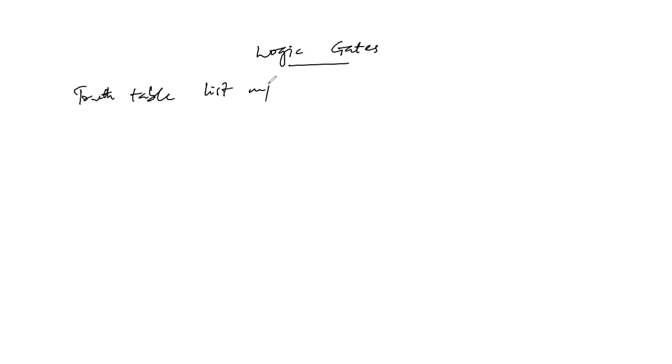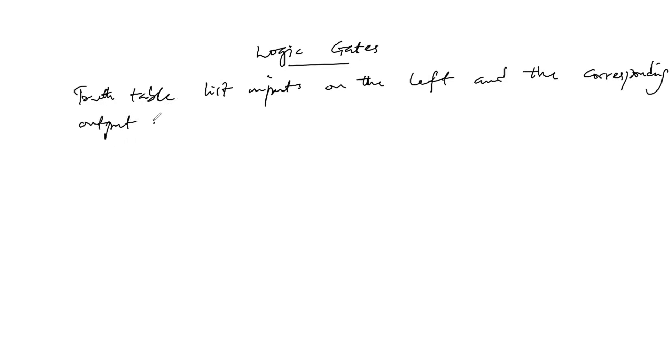So here we say that the truth table lists inputs on the left and corresponding output on the right. It has one rule for each possible combination of inputs.